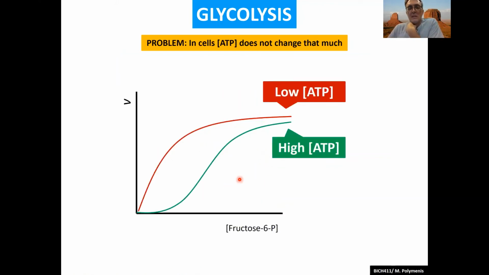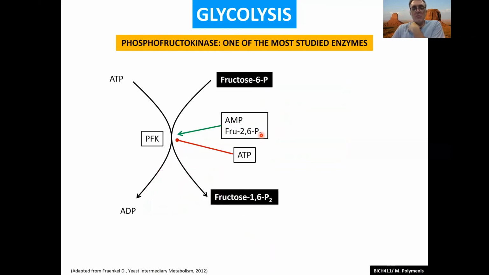Basically, the higher the ATP concentration, the more you will inhibit the catalytic activity of the enzyme. But as we said, this may not be so physiologically relevant, but some other effects that actually activate the enzyme, we know now that they are biologically relevant.